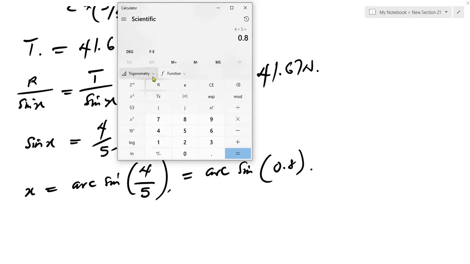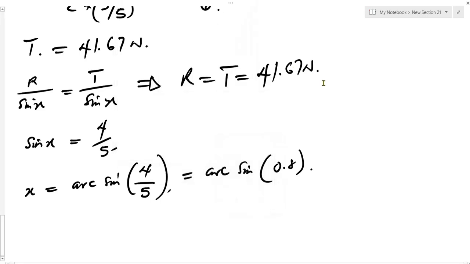Now second function of sine, which is 53.13. So 53.13 degrees. So this is the answer.